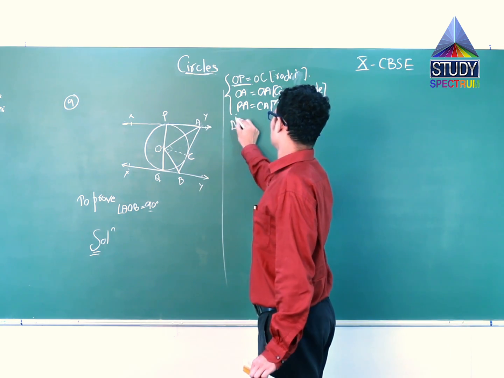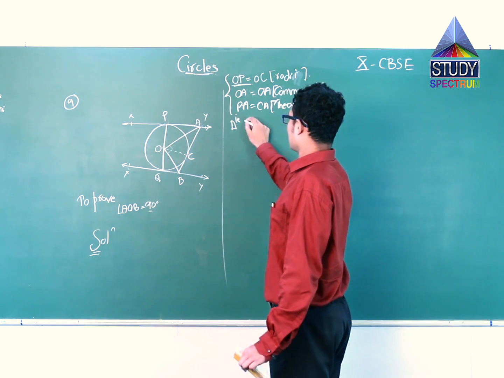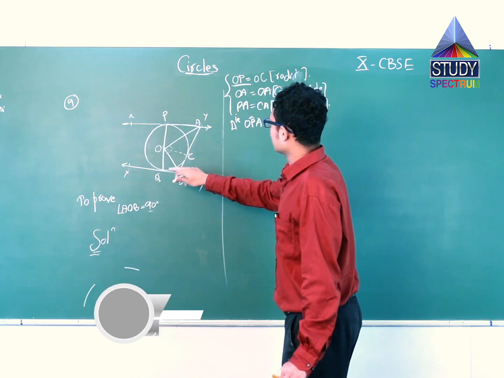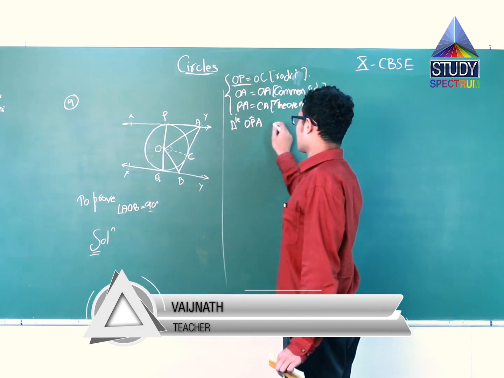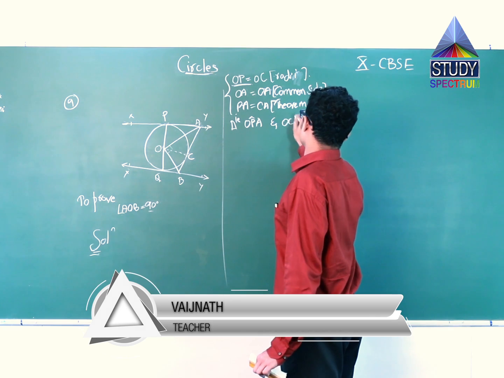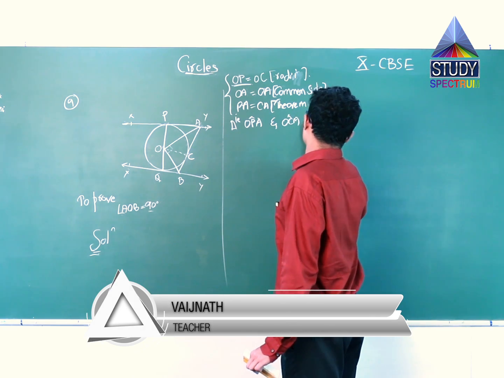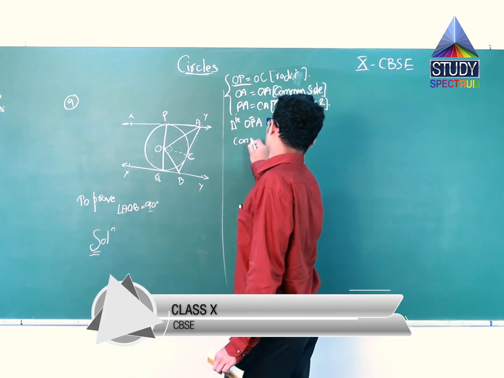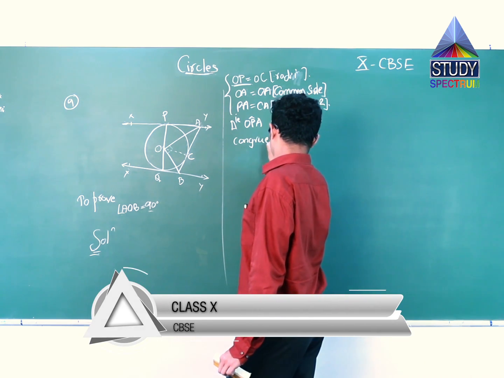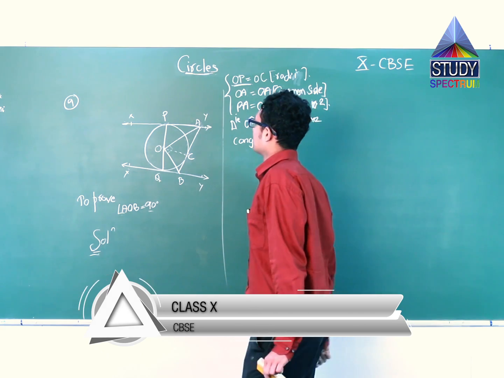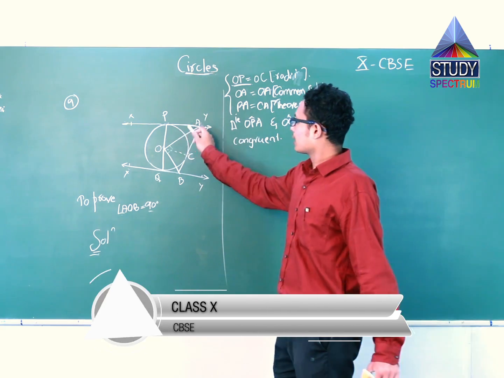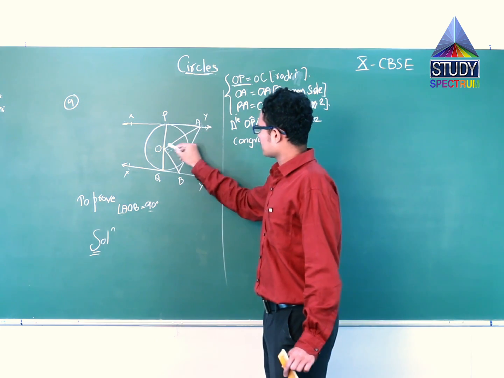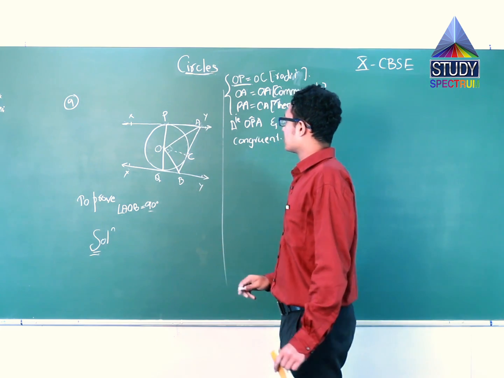Triangle OPA and triangle OCA are congruent. This one triangle and this another triangle, they are congruent.